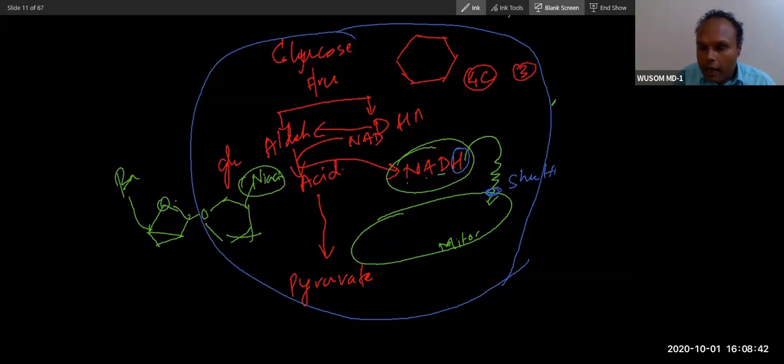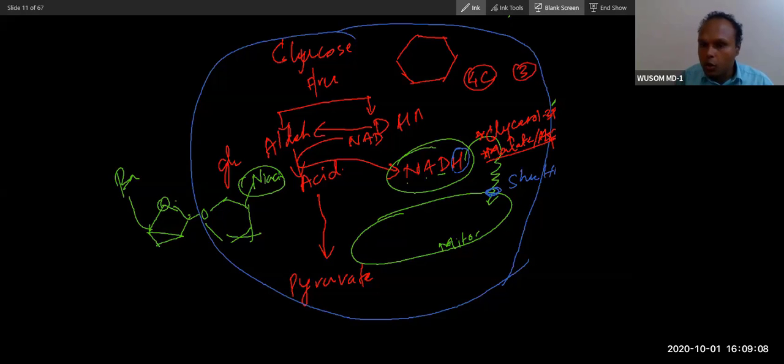The 4-carbon molecule is malate aspartate, and the second type is glycerol 3-phosphate. So these two molecules, malate and glycerol, will carry the hydrogen to the mitochondria.